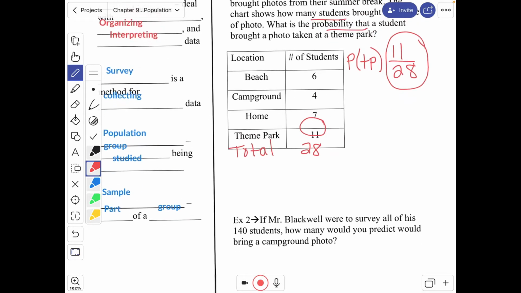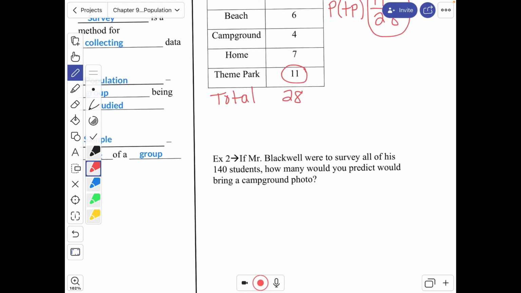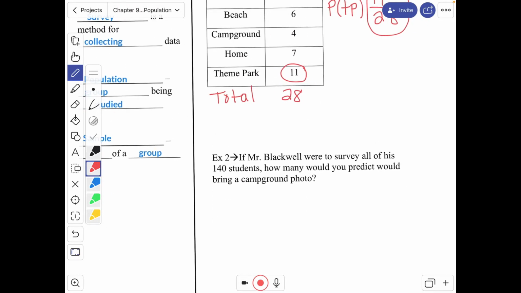Okay, let's look at example 2. If Mr. Blackwell were to survey all of his 140 students, how many would you predict would bring a campground photo? Now, if it says predict, that means we need to set up a proportion.